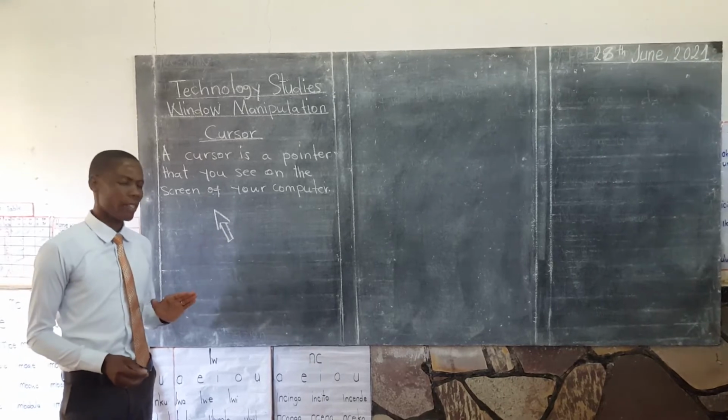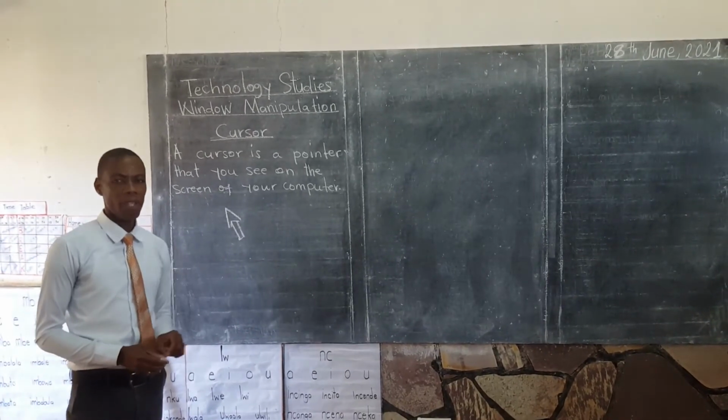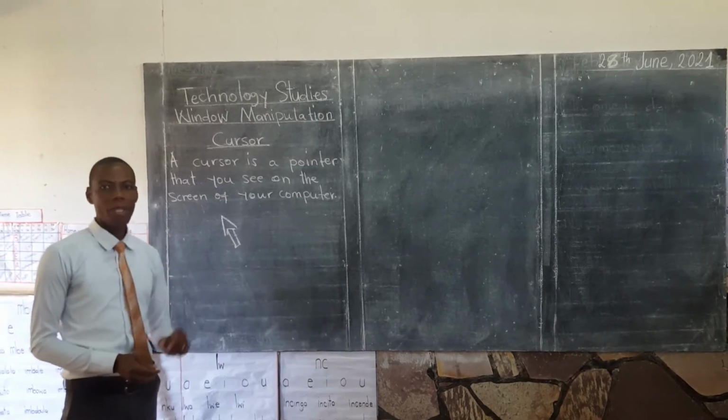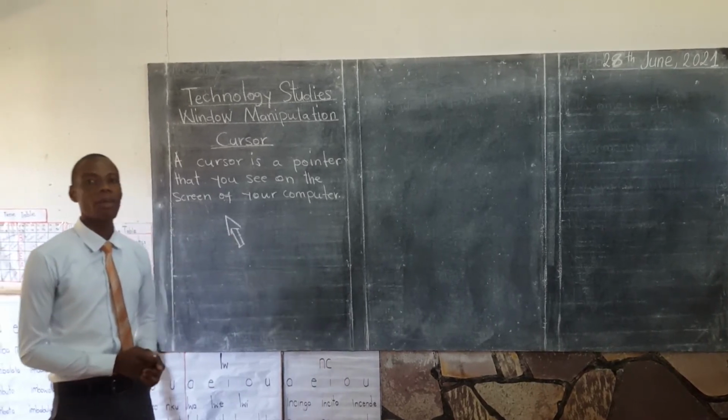Now, this cursor enables us to do a number of things on the computer. If not for the cursor, we wouldn't be able to manipulate the computer the way we do.